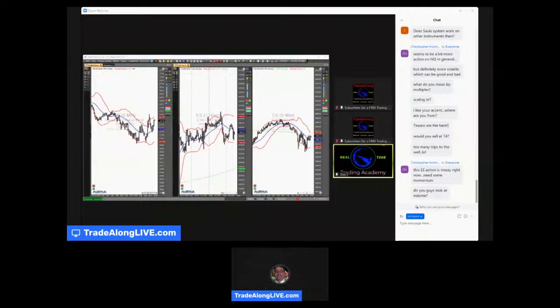Yeah, I think it's tradable. I'm looking to get back to the 70 or 71 area. If you were to buy the 68s, 67 area, it'd be a quick scalp, but it's a risky scalp.